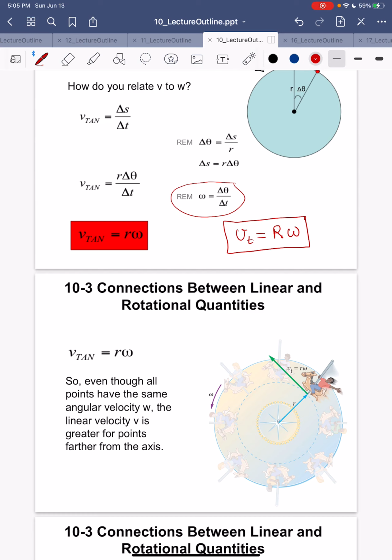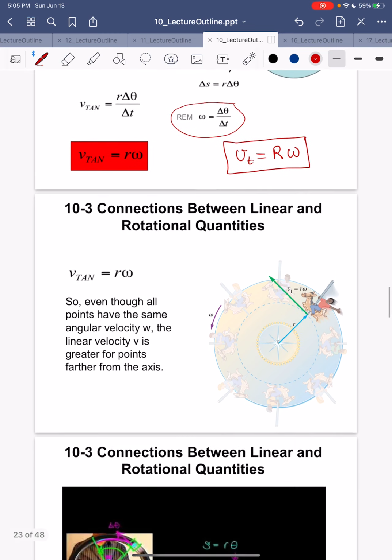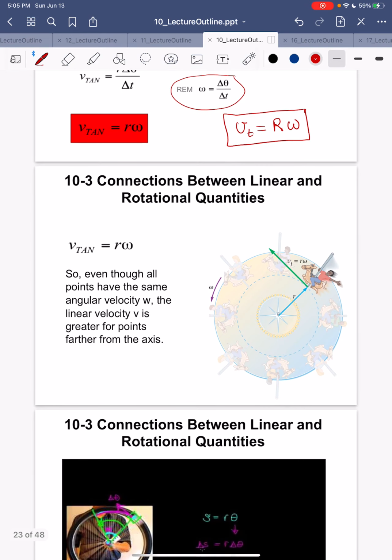If it is closer to the axis of rotation or the center, then R is going to be short, and the object will be moving with less speed than if the object is at the rim.